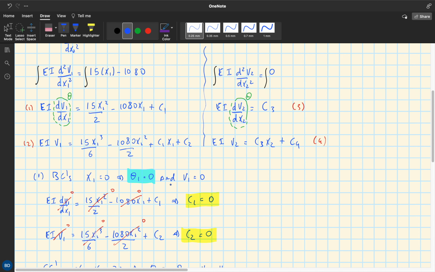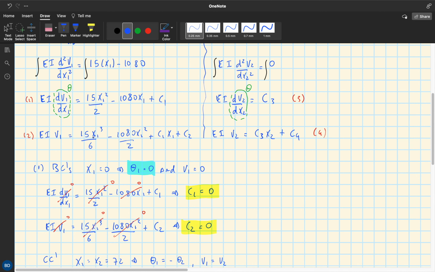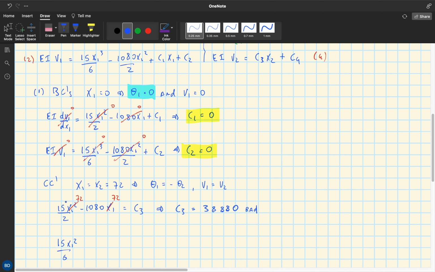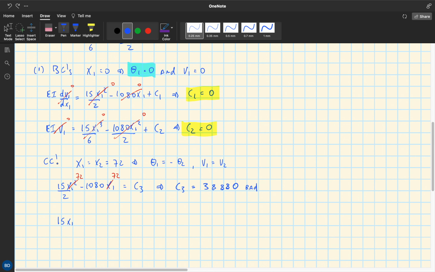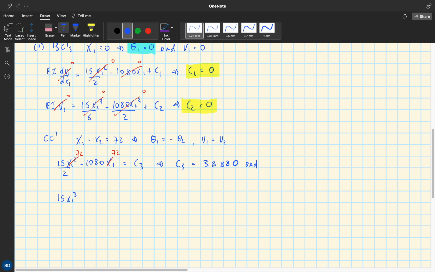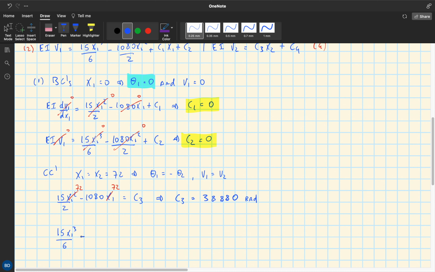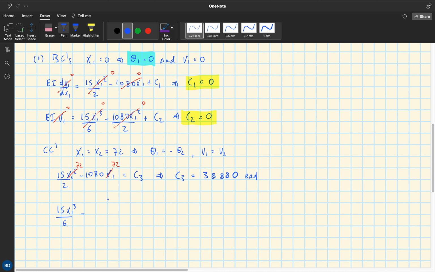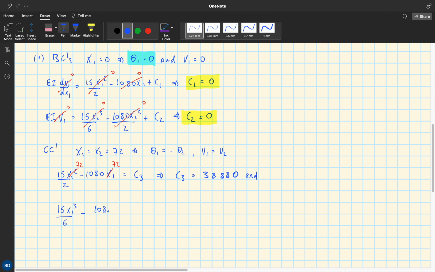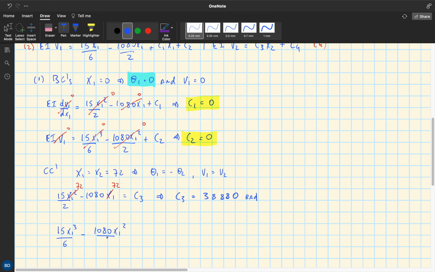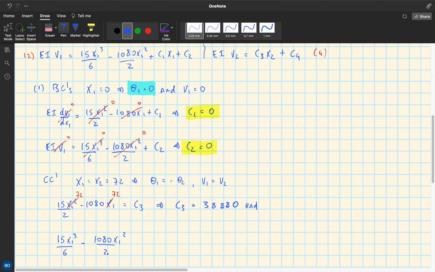Now we are going to make equal the second and fourth equations. So we have 15 x1 squared over 6. Actually, it's not squared, it's cubed over 6. And then we have minus 1080 x1 squared over 2.